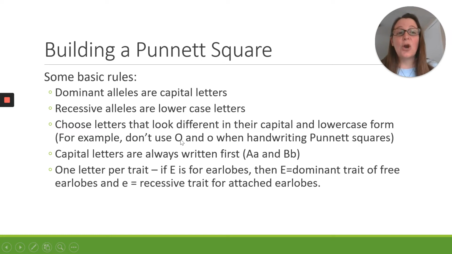O is a terrible one because when you write those little O's next to that box, it could be very hard for me to tell which is the capital and which is the lowercase O, because it's kind of easy to tell with other letters around it, because there's context. But if all you have is a bunch of O's in a box, it gets really hard for me to read.